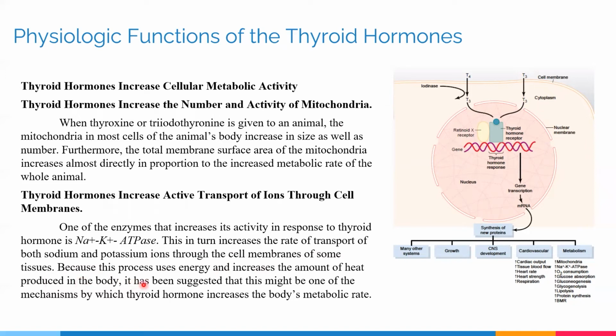Because this process uses energy and increases the amount of heat produced in the body, it has been suggested that this might be one of the mechanisms by which thyroid hormone increases the body's metabolic rate.